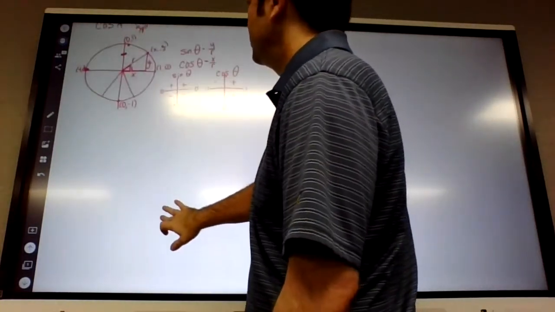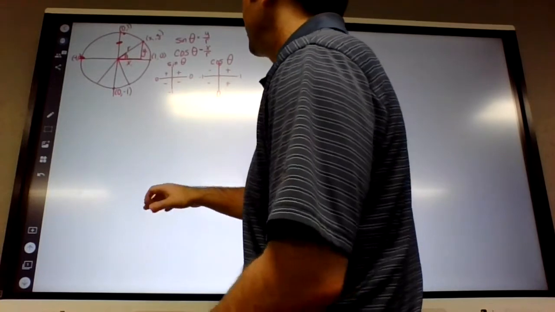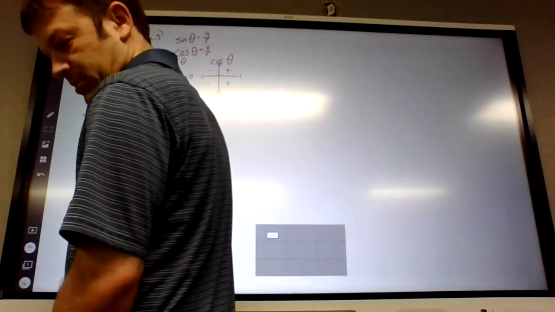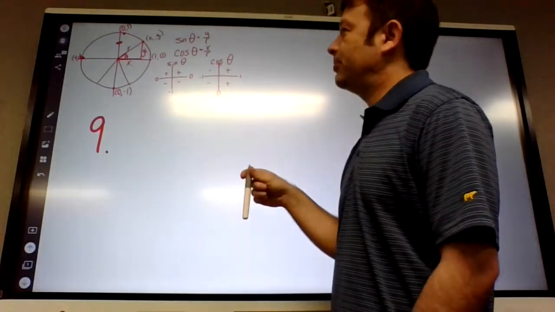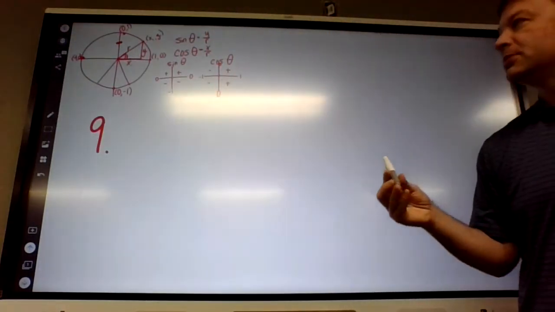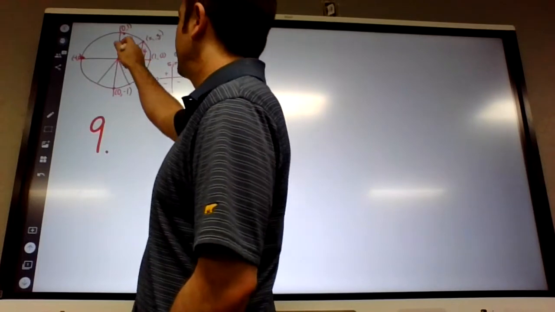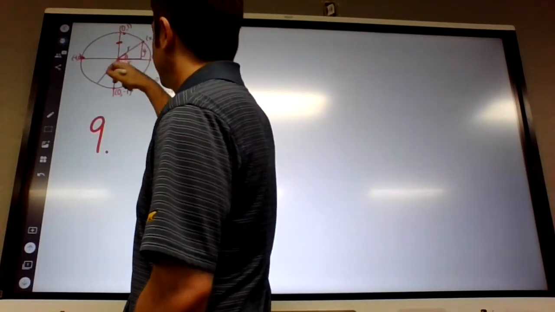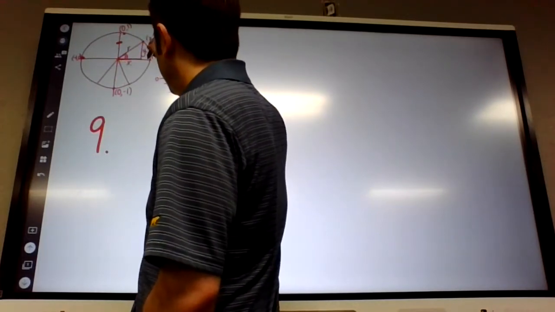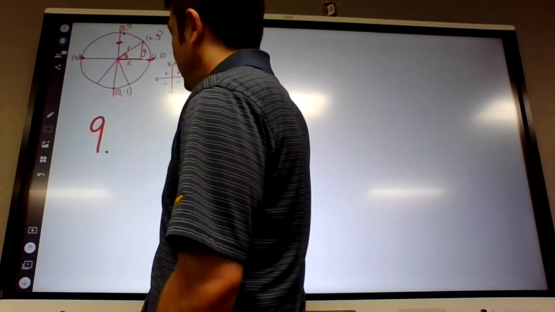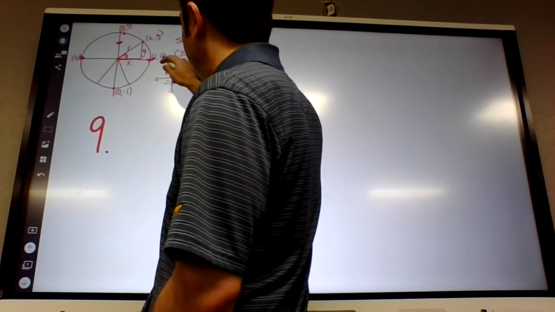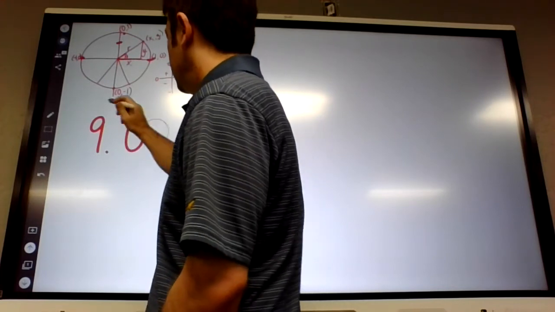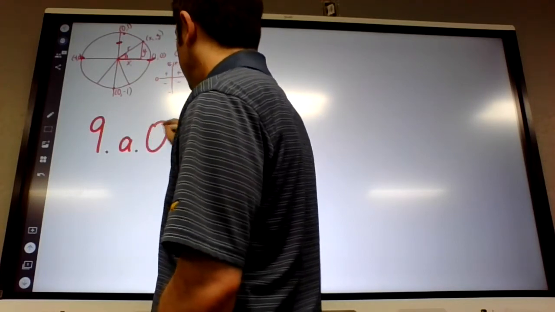How many rotations would 4 pi be? 2. So 2 pi is 1 rotation, so 4 pi is 2 rotations. But either way, you end right there. Sine is based on the y value, and what's the y value right there? 0.